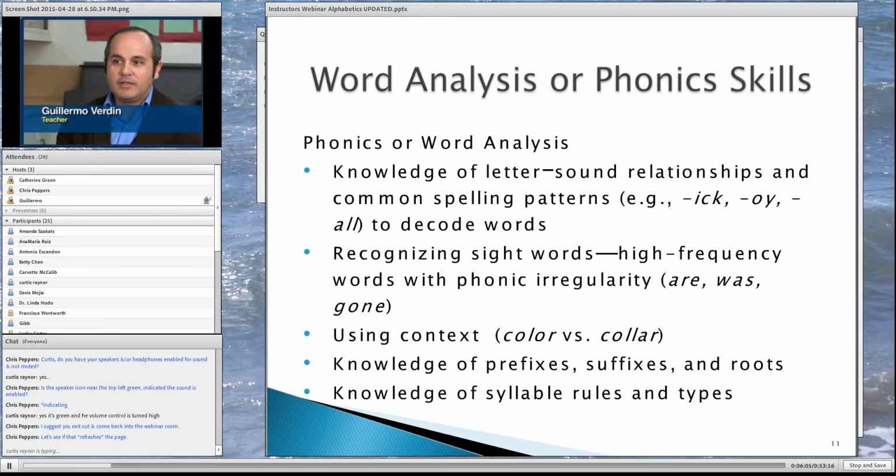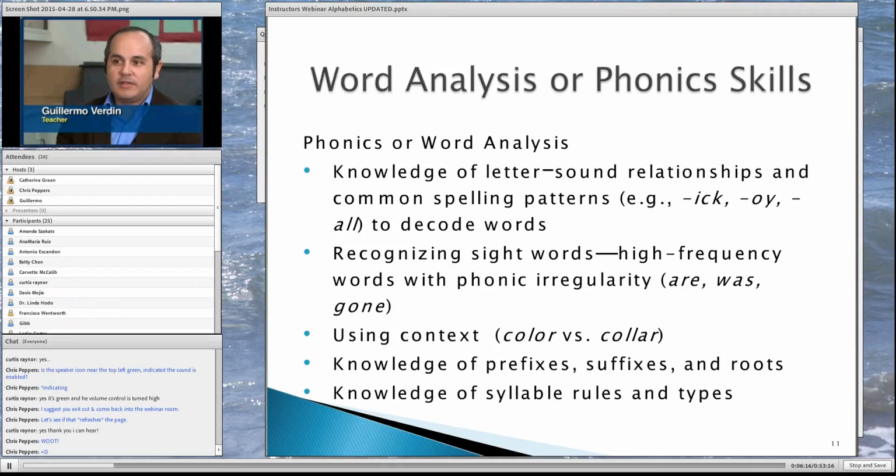Phonics skills also includes being able to recognize sight words. And when I say sight words, I'm talking about those high frequency words and those words with phonic irregularity, like the, done, are. Now, phonics also involves using context. If you see here color and collar, they may seem familiar to some of our students, but the context helps determine which decoding is the correct one for the text.